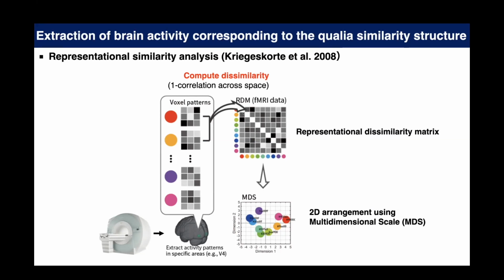And we are again showing that something like red patterns are quite different from green patterns. And we can make a 2D arrangement using MDS in the same way.